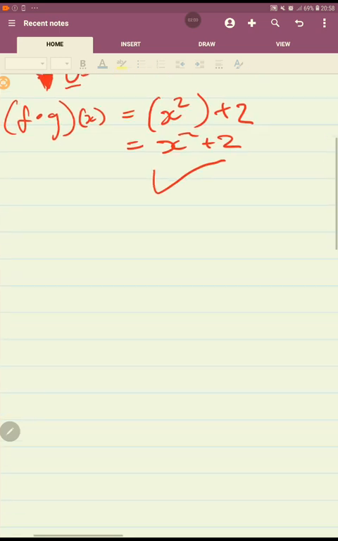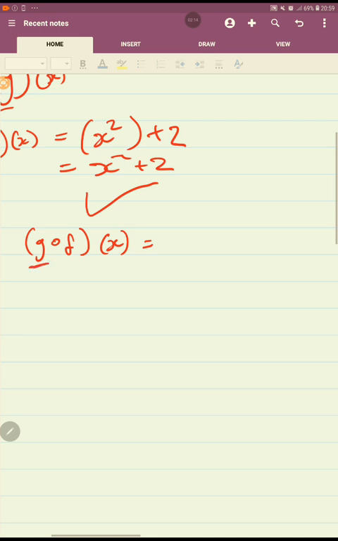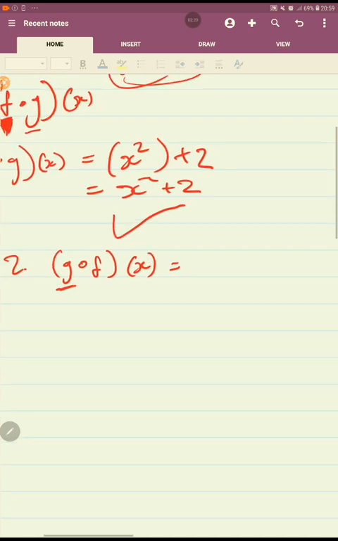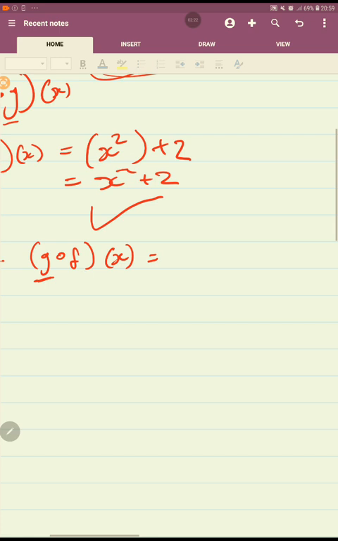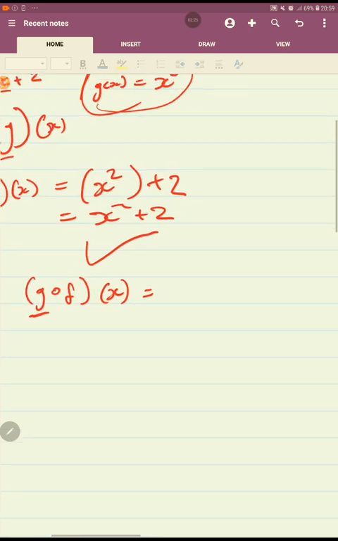Then on 6.2, we have g of f at x. Remember that I told you that the first variable, you don't substitute it, but you take the value of the second variable as x.